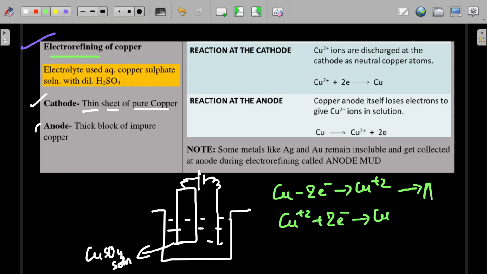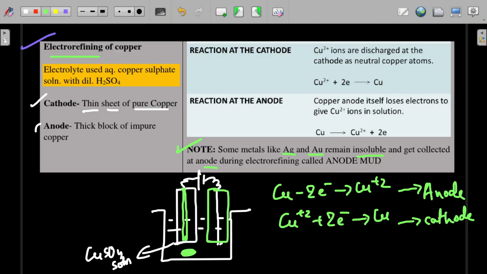Okay, so this is the reaction at the anode. This is the reaction at the cathode. So what happens here? This will diminish in mass and size. It becomes thin and thin, and this one will become thicker. In this process, we are purifying it. Means some impurity should be there now. So you can see here, some metals like silver and gold remain insoluble and get collected at anode.